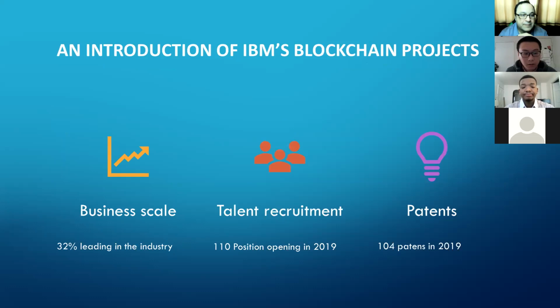For the next part, I'm going to introduce IBM's blockchain projects. IBM is putting a lot of effort into blockchain technology, both in research and utilization. In research, IBM took the leading position in the industry, and in 2019 it had 110 positions open in the blockchain area.